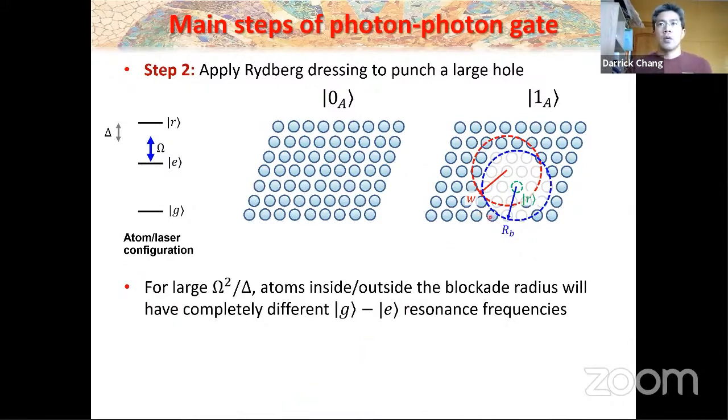So the picture then is that, once I implement this detuned control field, atoms far away from this Rydberg excitation and atoms nearby this Rydberg excitation will have completely different resonance frequencies on the G to E transition due to the spatially varying AC Stark shift.